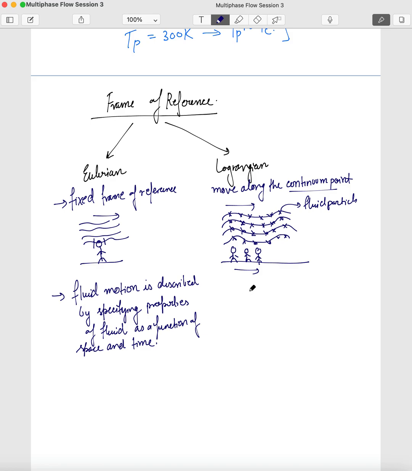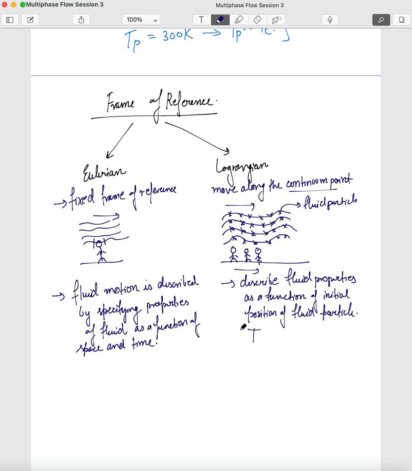while in this case you describe fluid properties as a function of the initial position of the fluid particle.